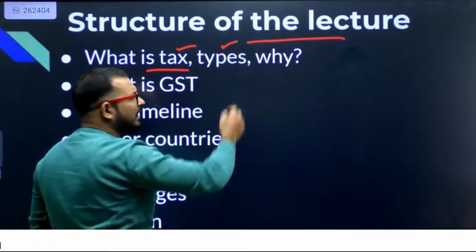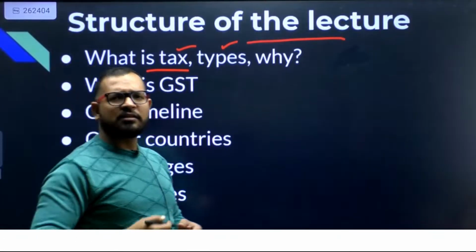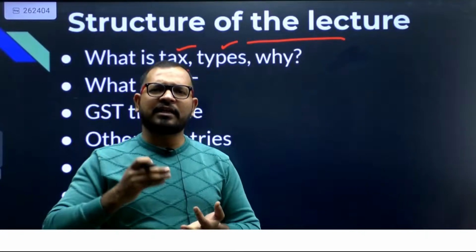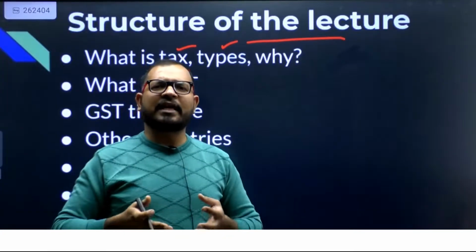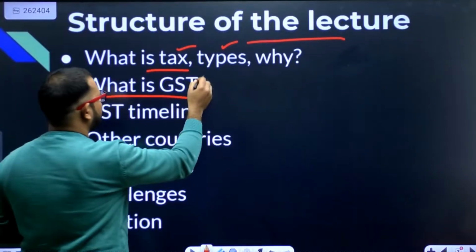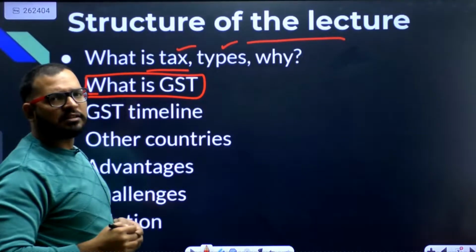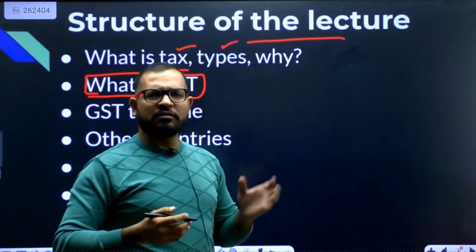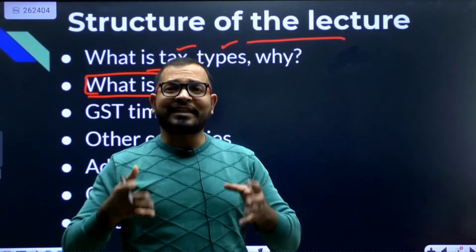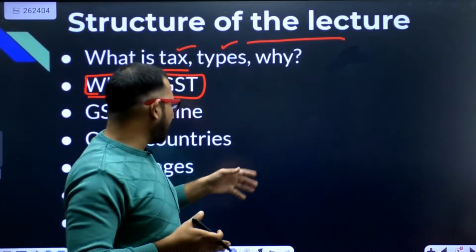We will be understanding the types of taxes, for example direct tax and indirect tax, and we will be analyzing the types of indirect tax. Further we will be understanding the GST, because GST is under the indirect tax system. We will be understanding the types of indirect taxes.